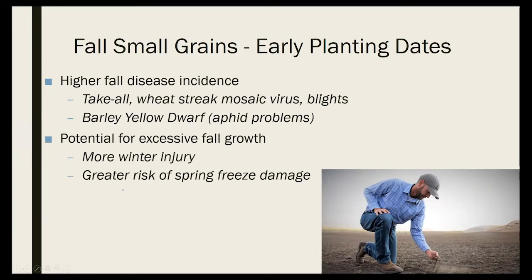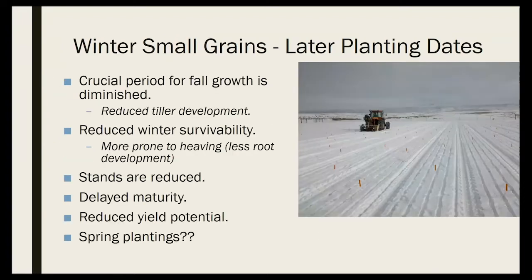We also have the potential for excessive fall growth, and when we have too much growth on a small grain in the fall, we get more winter injury, and there's greater risk of spring frost damage as a result of that. Not to mention the fact that, often if we plant too early, we may not have soil moisture conditions good enough to germinate a crop like we did in much of the state this year.